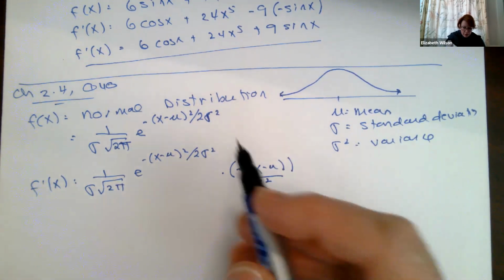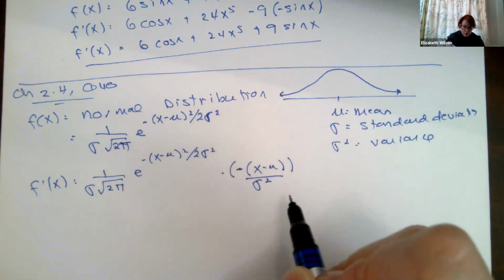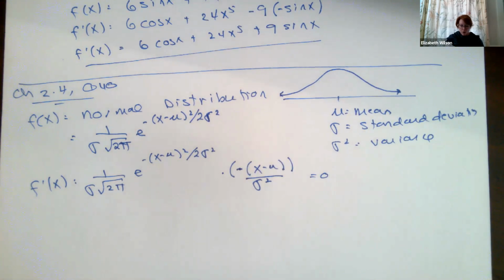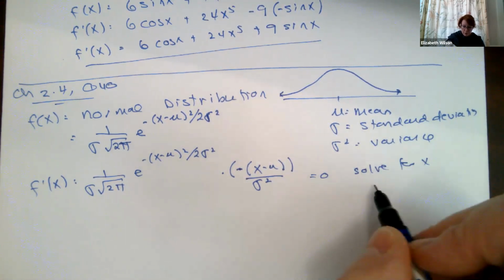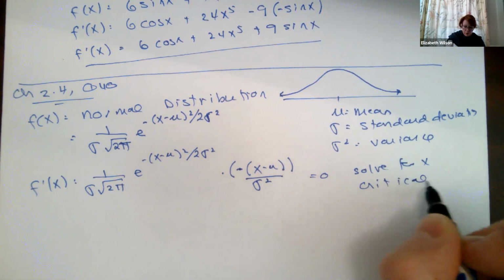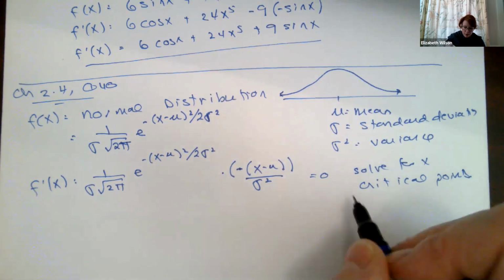The 2's cancel out because of the chain rule. Now I set that equal to 0 and solve for x to find my critical points. There's a lot of math.